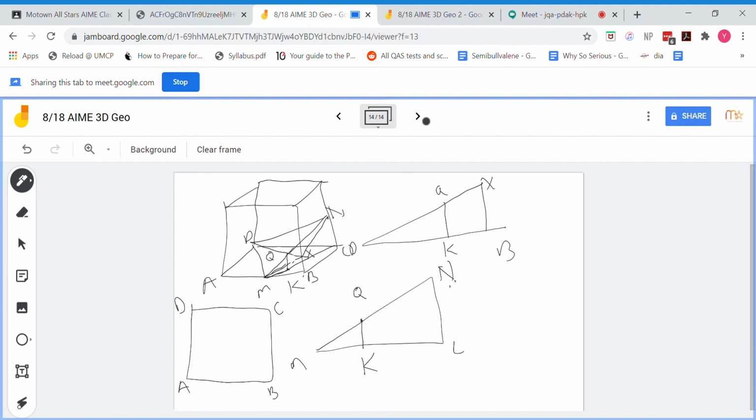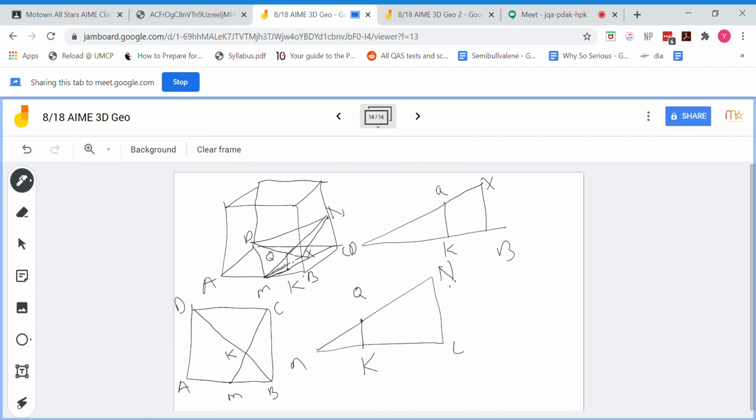So this is obviously M, right here. The projection of that line would simply be line DB, and the projection of point N onto this face would just be point C. And so this is the projection of N, and so this point right here is K.